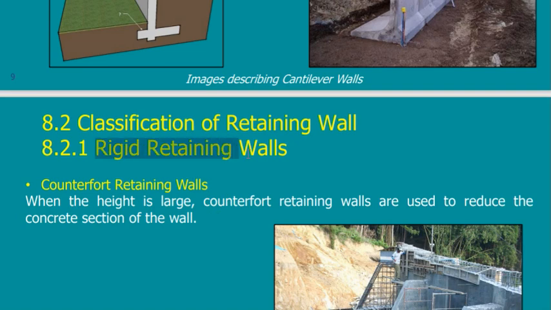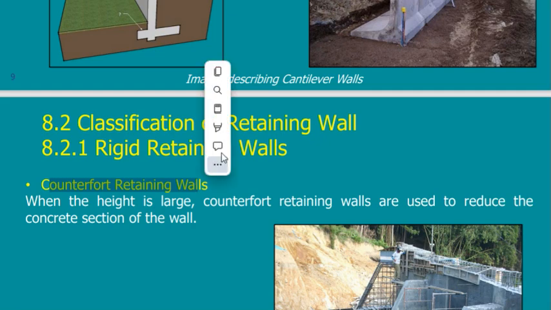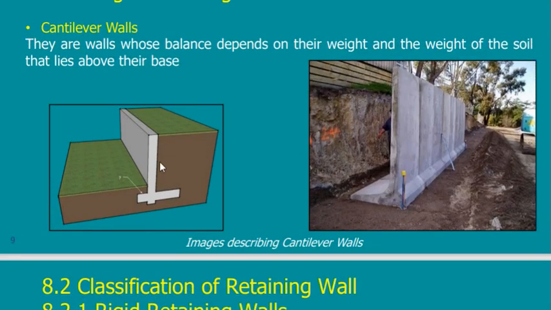Another type of rigid retaining wall is called the counterfort retaining wall. There is a limitation for the cantilever. If I want this height to be 3-4 meters, it's okay. Of course, you know the bending moment of a cantilever is always wL squared.